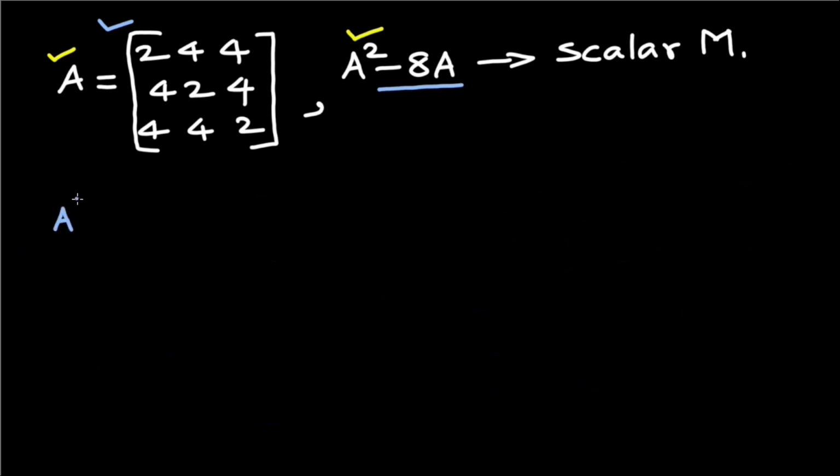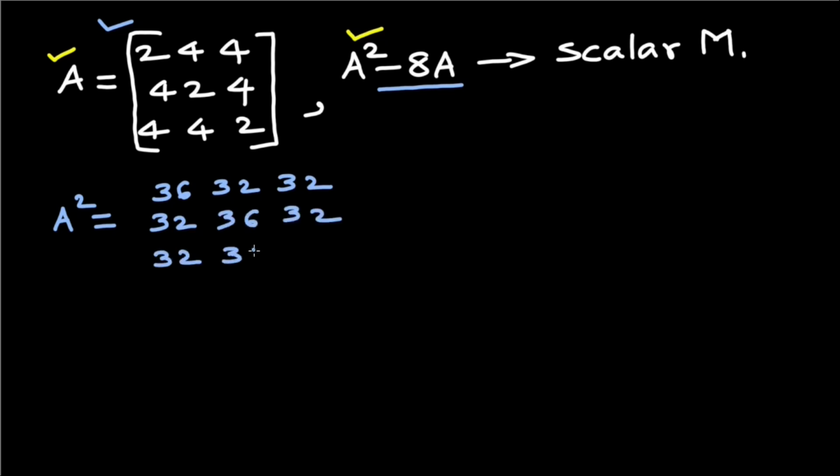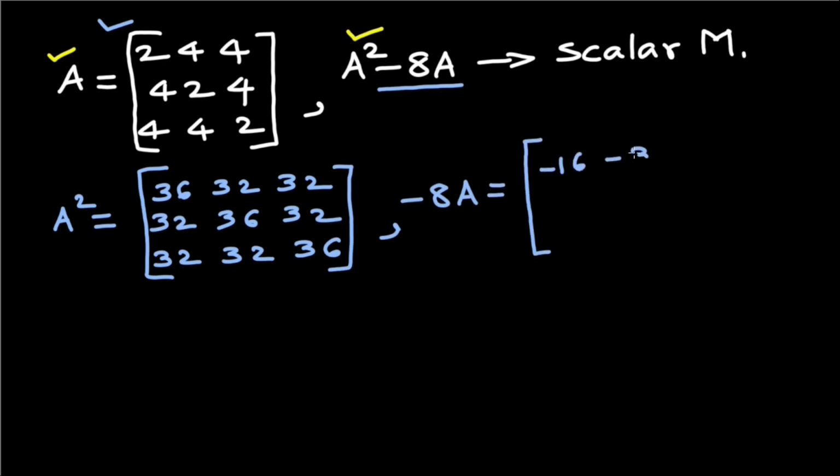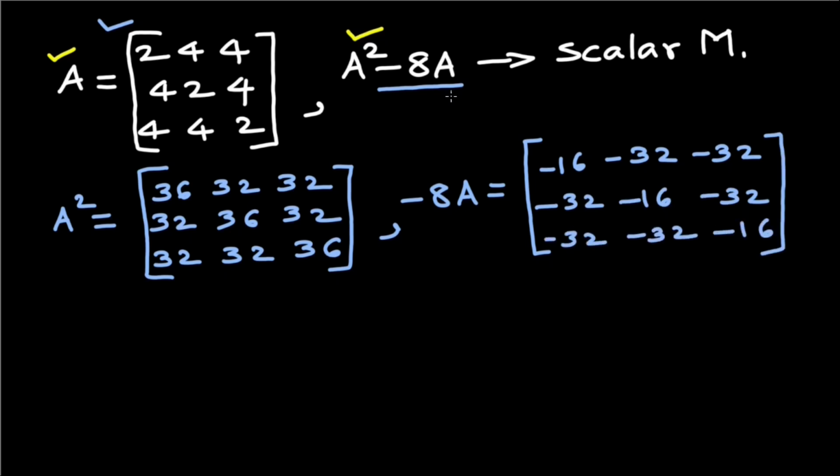We now have A square equals [36 32 32; 32 36 32; 32 32 36], and we have minus 8A as [-16 -32 -32; -32 -16 -32; -32 -32 -16]. Now we will find A square minus 8A.